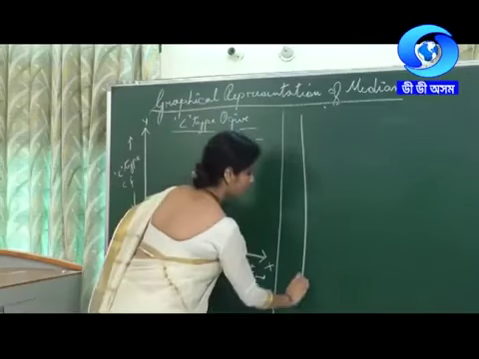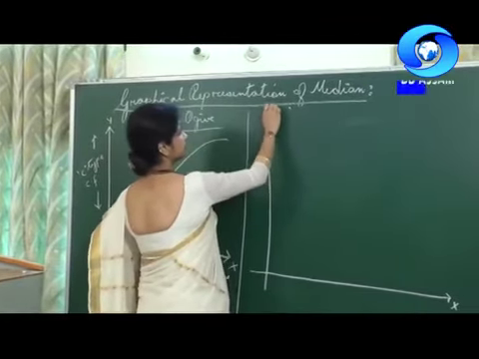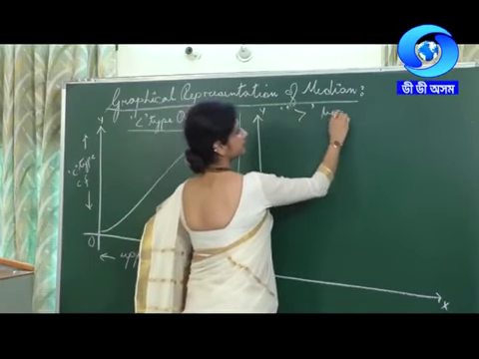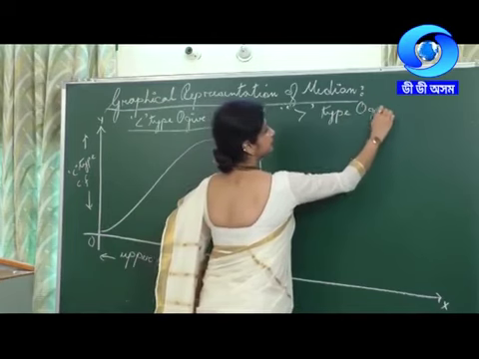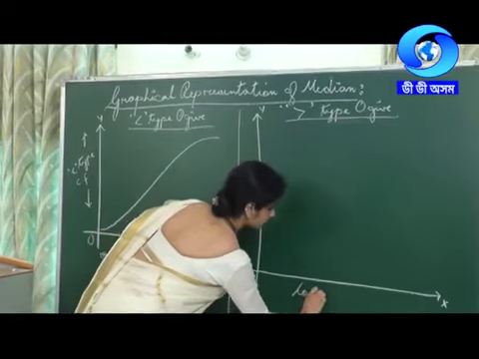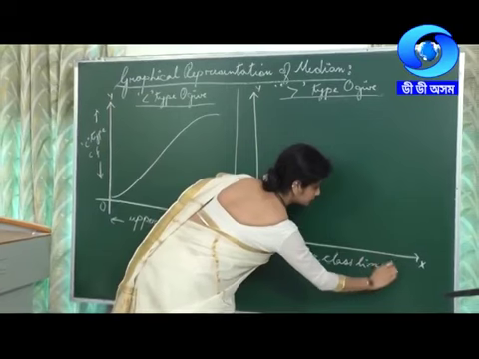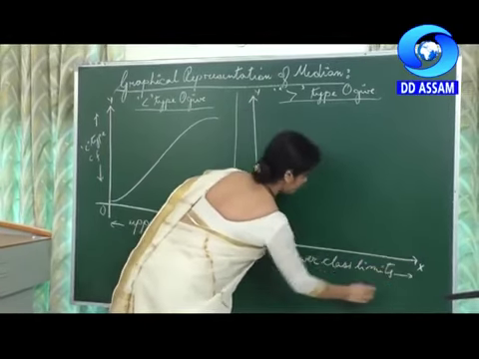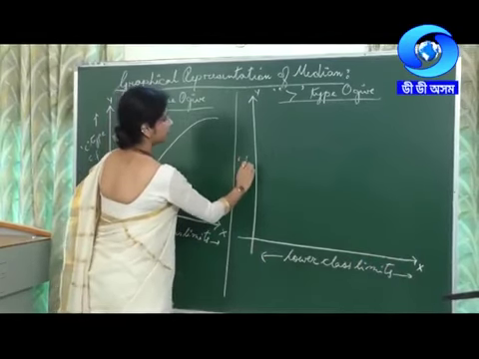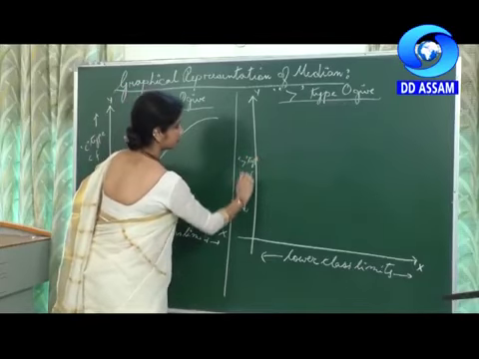Similarly, to draw the more than type ogive, on the x-axis we shall plot the lower class limits and on the y-axis we have the more than type cumulative frequencies.